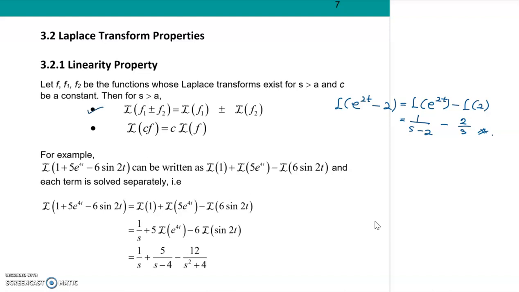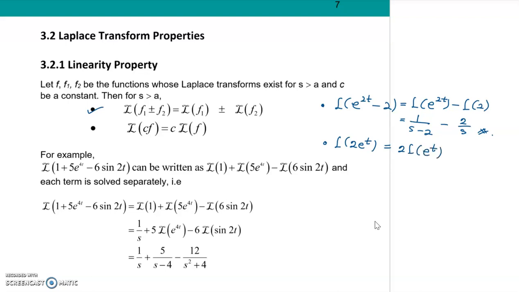And the second one, if we have a function that is multiplied with a constant c, for example, we want to find the Laplace of 2 exponent t, then it can be written in the form of 2 Laplace of exponent t.